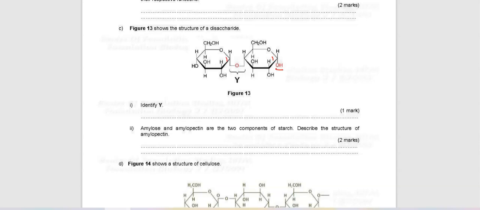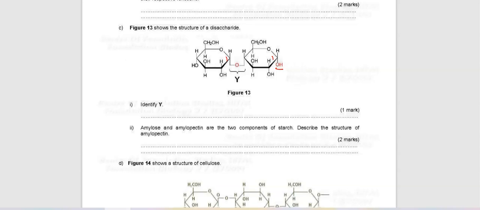So you have to name the bond that is formed between the monosaccharides in the structure of the disaccharide here. So basically you have to know how to number the carbon again. So this is carbon number 1, then only you can identify the type of glycosidic bond.